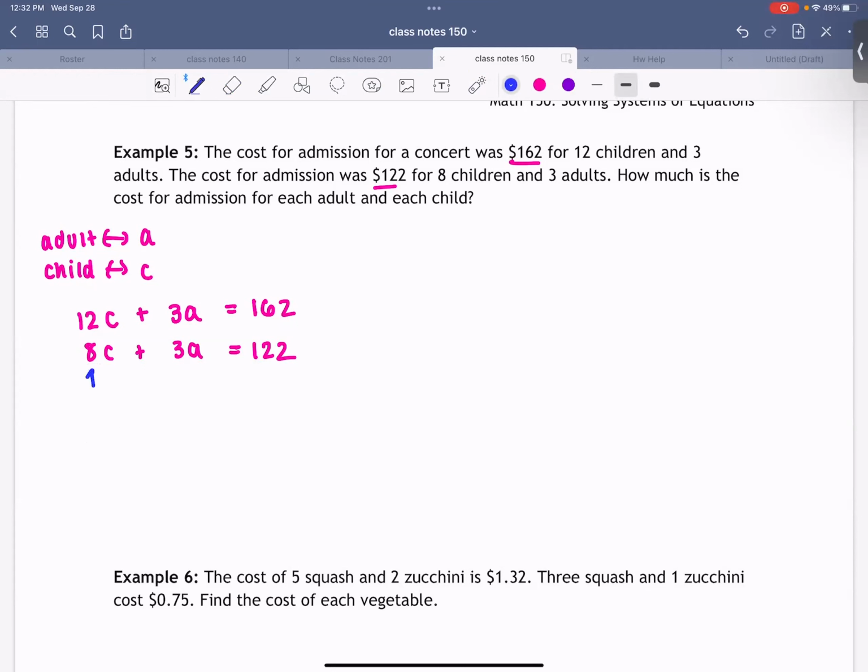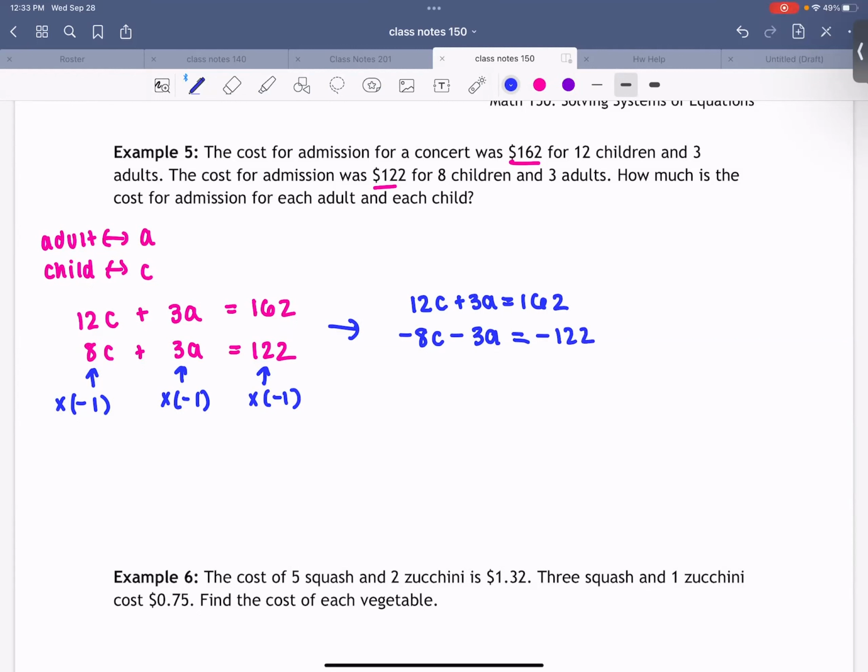So I'm gonna take every single coefficient and multiply it by -1. You can multiply the top by -1, that's totally fine, but let's just do the bottom one. So on the top, we have the same equation. On the bottom, we have -8c minus 3a equals -122.